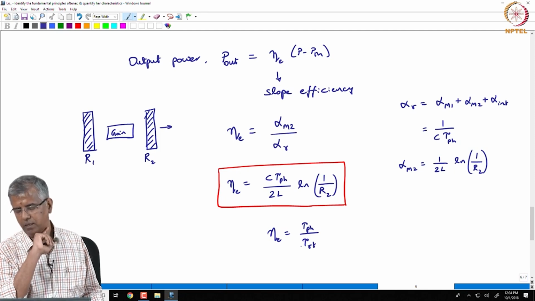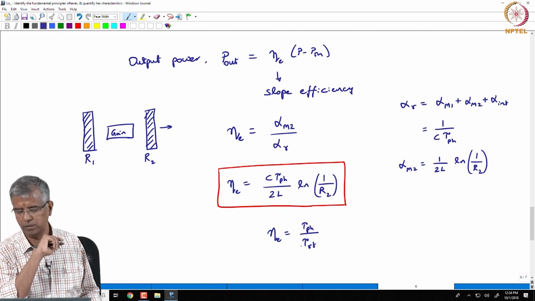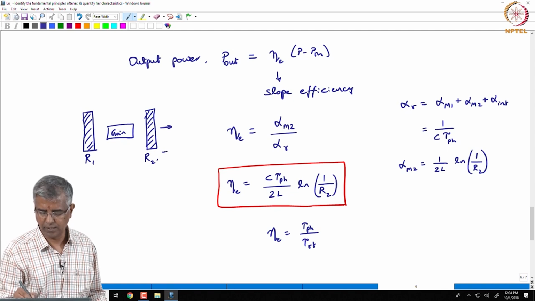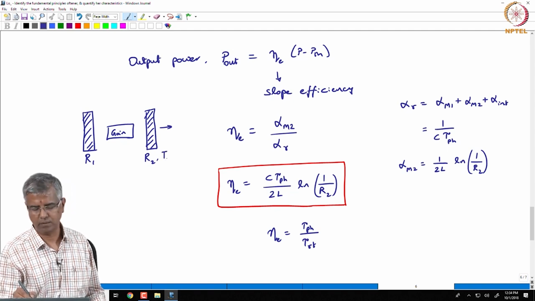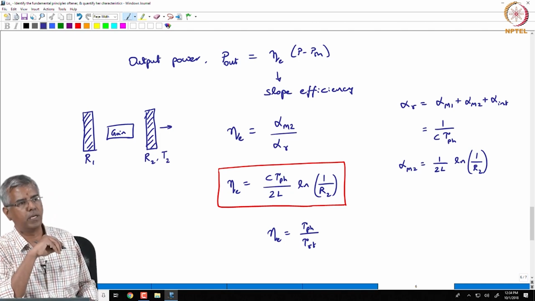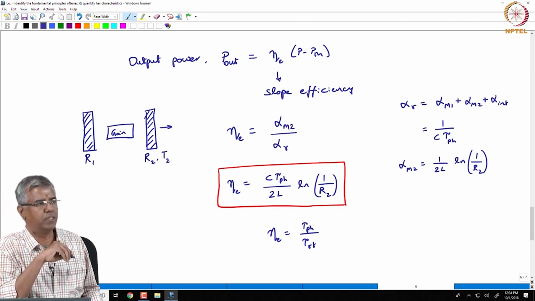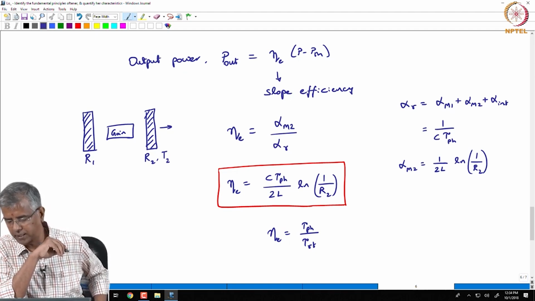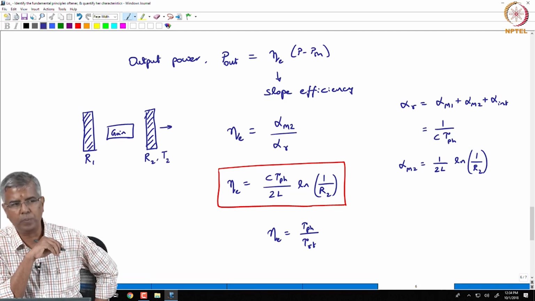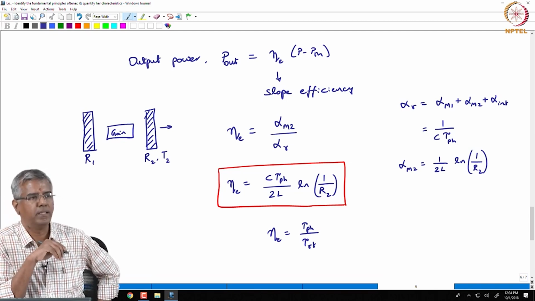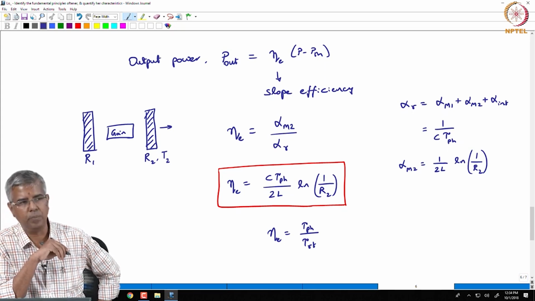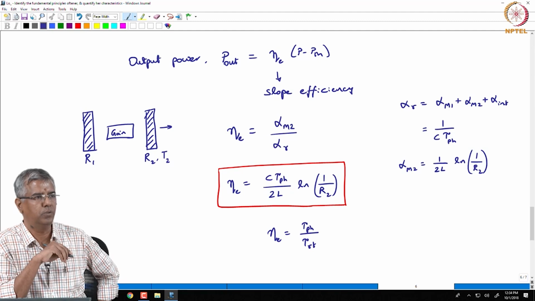And ln of 1 over R2: if R2 is my reflectivity, let me say that T2 corresponds to the transmission of this mirror. So, R2 plus T2 has to be equal to 1 for energy conservation, and so R2 can be represented as 1 minus T2.